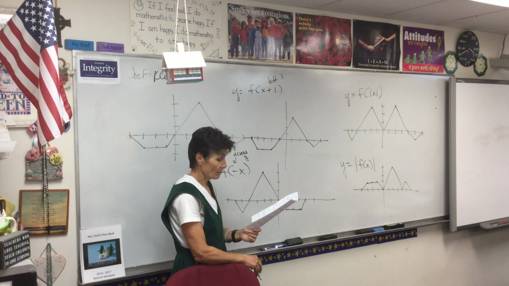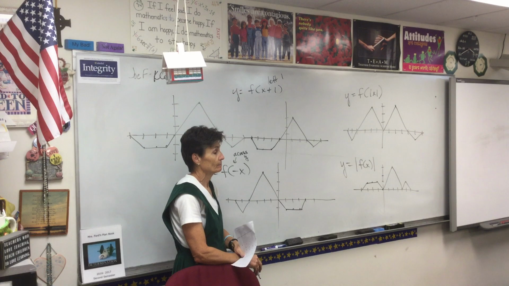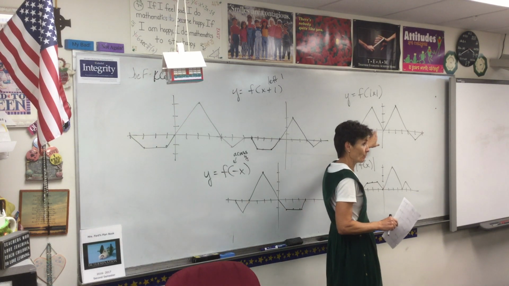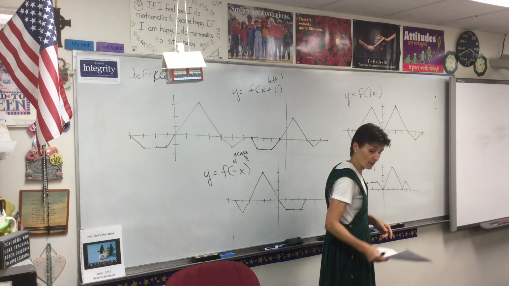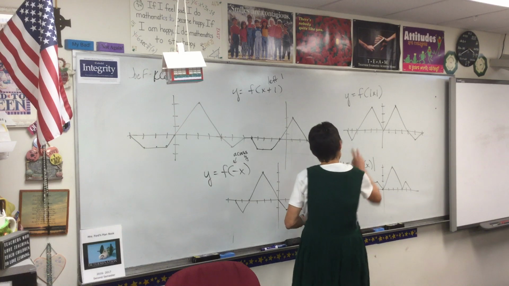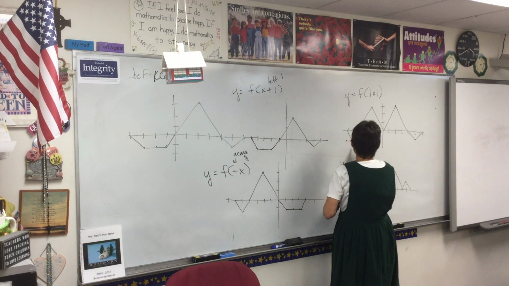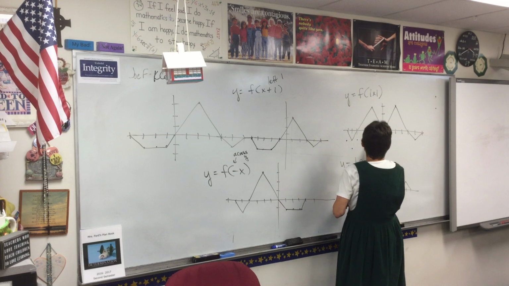All right, and then what about number 7? It's going to be this picture, right? You're going to reproduce that picture and then drop it down 1. So you're just going to redraw that again and then drop everything down 1.